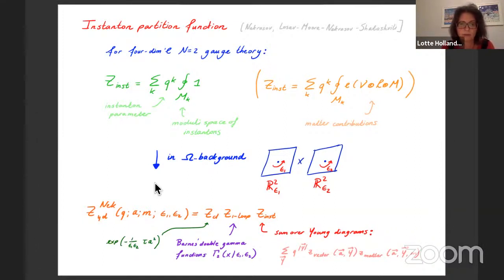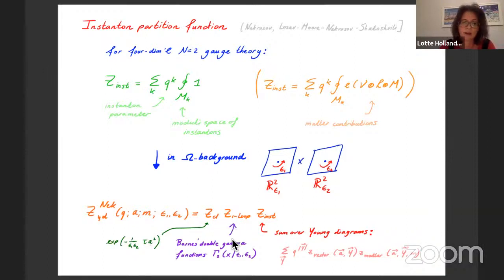the Nekrasov partition function. It's a 4-dimensional version of it, which consists of 3 parts: a classical part, which is an exponential of a factor proportional to the equivariant volume of R^4 times the complexified gauge coupling, and then times what more generally is a sum over the Coulomb parameters of the gauge theory.